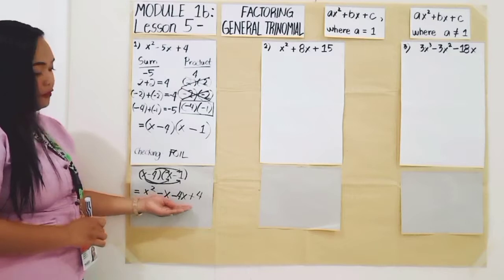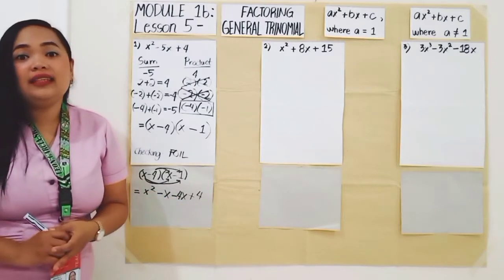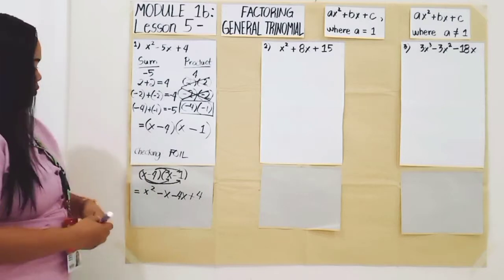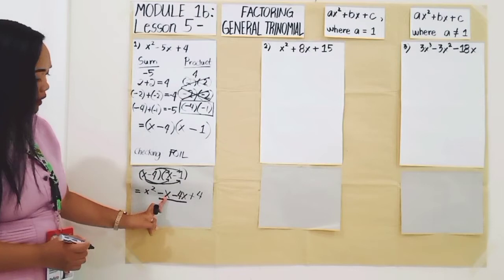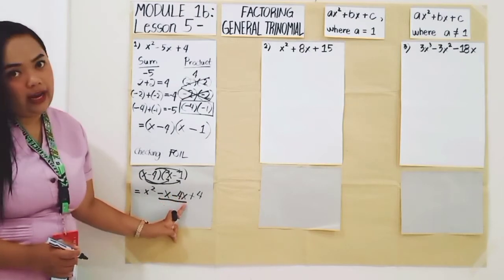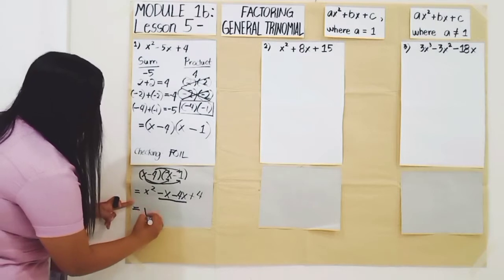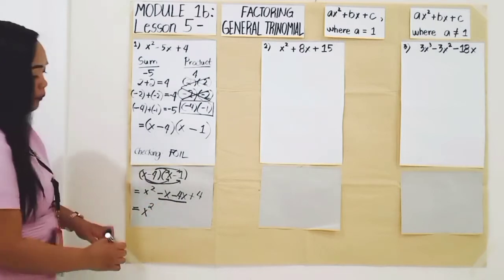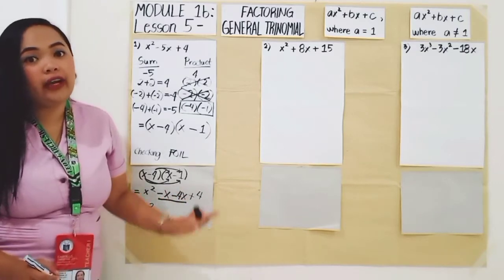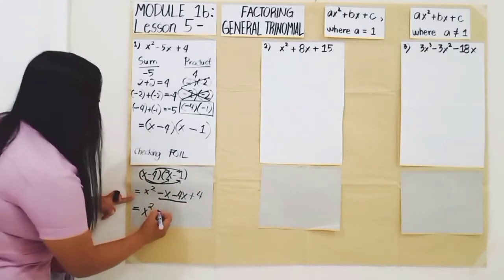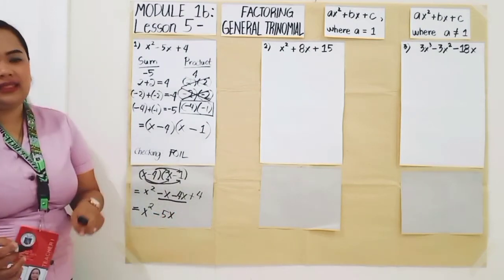This is not yet the final product. Why? Because you need to add the similar terms, which are negative x and negative 4x. Okay? So you add similar terms, bring down x squared. What is negative x minus 4x? That is equal to negative 5x.